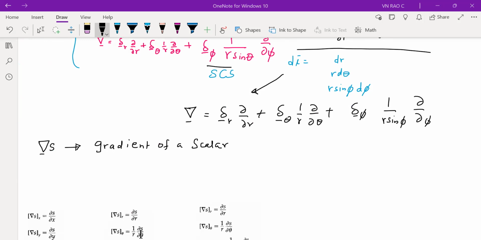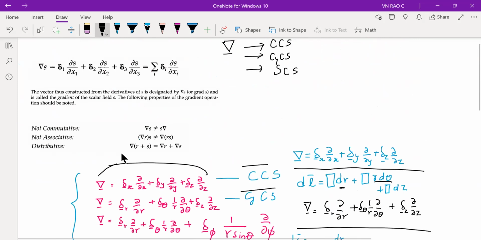So you have a scalar quantity and you have derivatives, and once you actually apply the operator to it, this is known as the gradient of a scalar field.